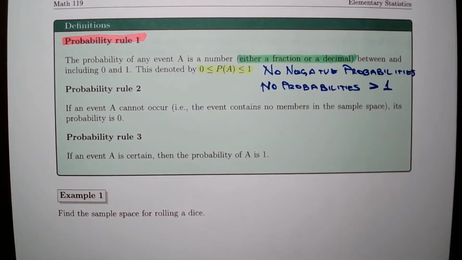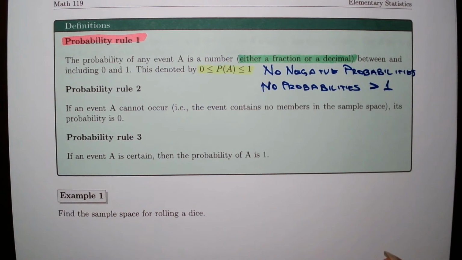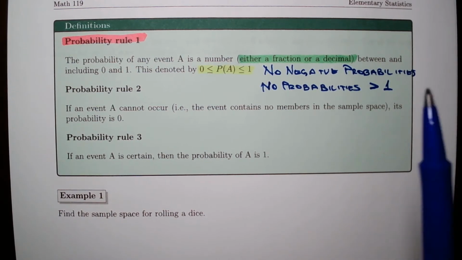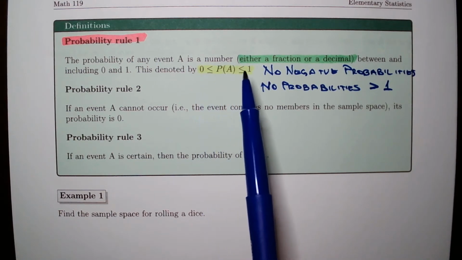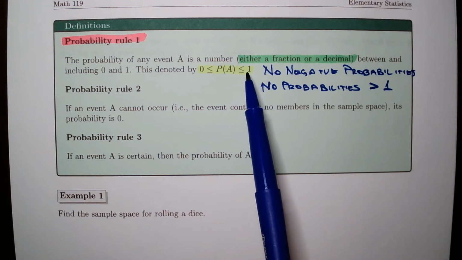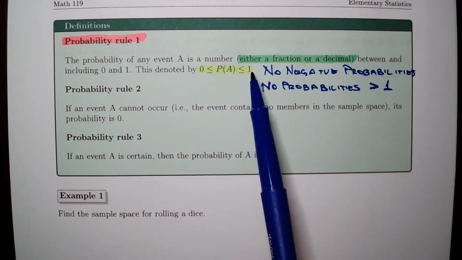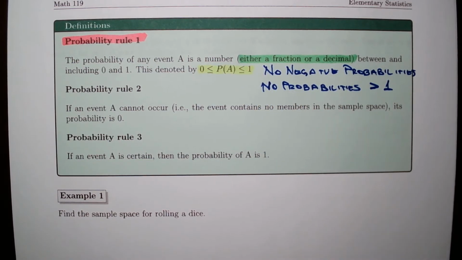So if you have a probability of 1.1, well, no, that doesn't represent a probability. You can think of probability as a percent as well. So you can have a 0% probability, that's an event that doesn't occur, or you have the probability which is 1 or 100%, that is certain that it's going to happen. But a 1.23% probability? Well, that doesn't make sense. Or a negative value doesn't make sense either.